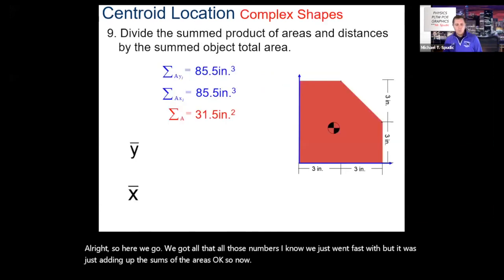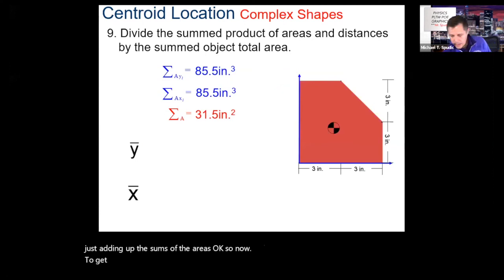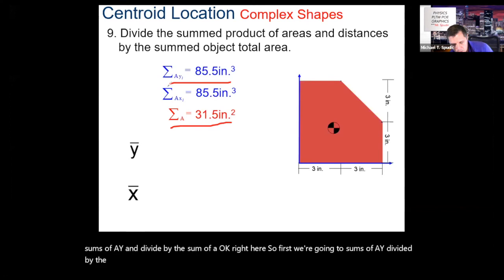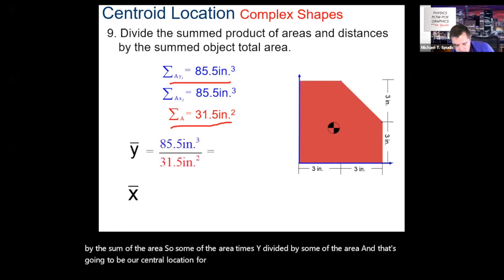to get the Y location of the centroid and the X location of the centroid, we just take the sums of AY and divide by the sum of A. Okay, right here. So first what we're going to do is sums of AY divided by the sums of the area. So sums of the area times Y divided by sums of the area, and that's going to be our centroid location for Y. Okay.